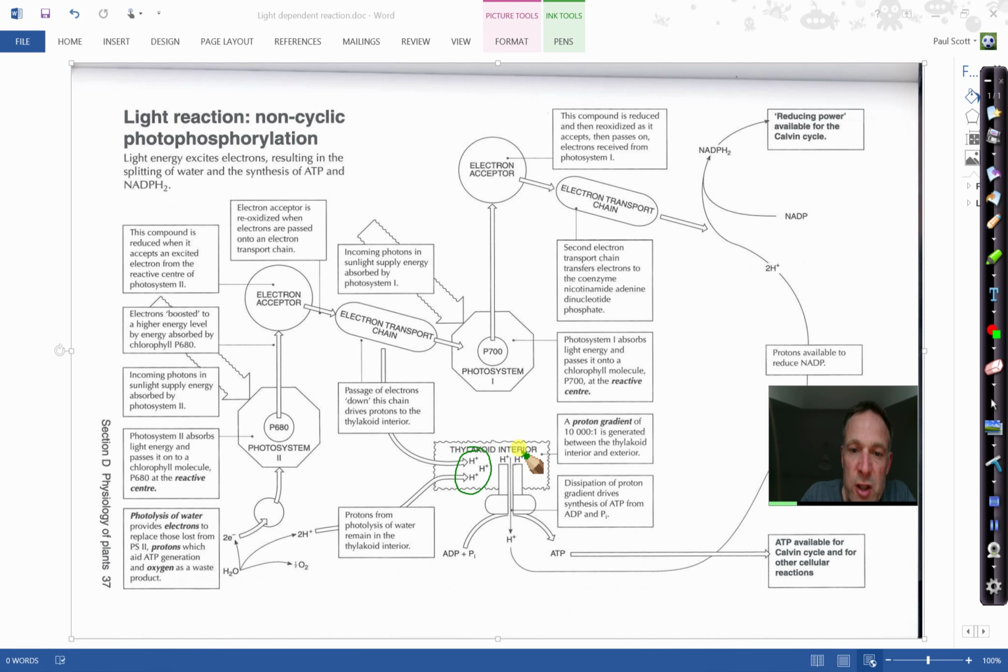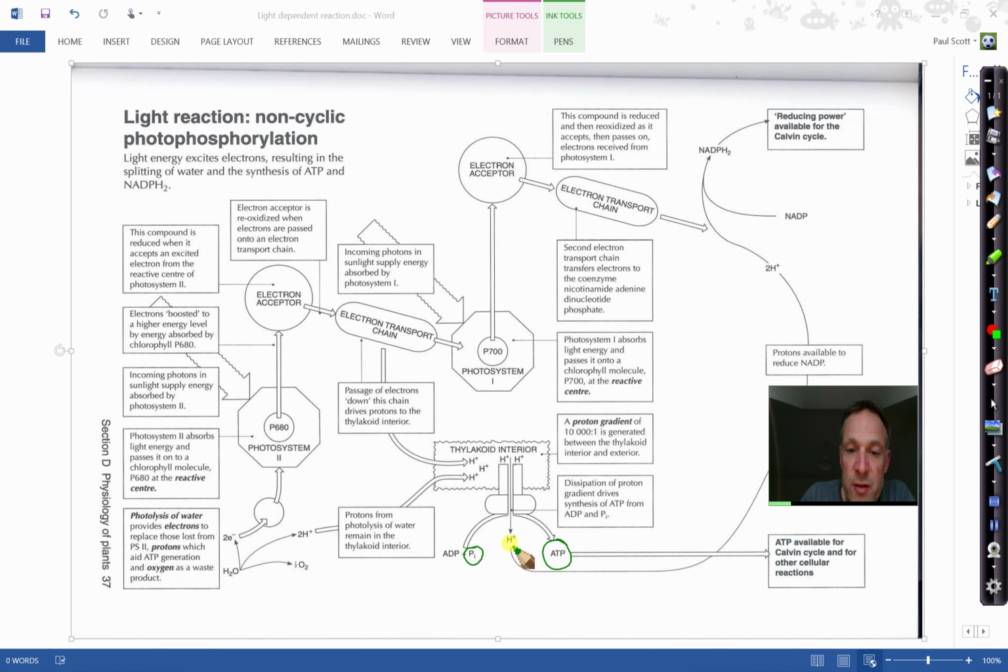So with a high concentration of hydrogen ions, they move down their concentration gradient through this lovely protein channel, and those protons are able to transfer their energy so that ADP picks up another inorganic phosphate. So adenosine diphosphate has got enough energy now to bond another inorganic phosphate molecule to it, and now we have ATP, thus the generation of ATP.